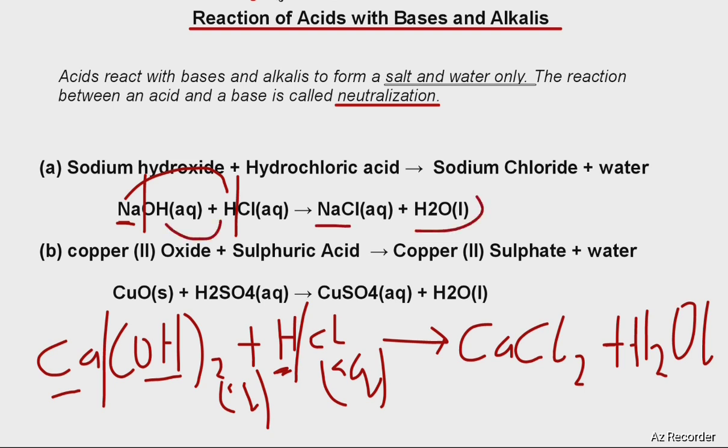Similarly again, this will split, this will split here. The copper replaces the H2 here, becomes copper(II) sulfate, and this H combines with this one oxygen to get water. So that is how the reaction actually proceeds.